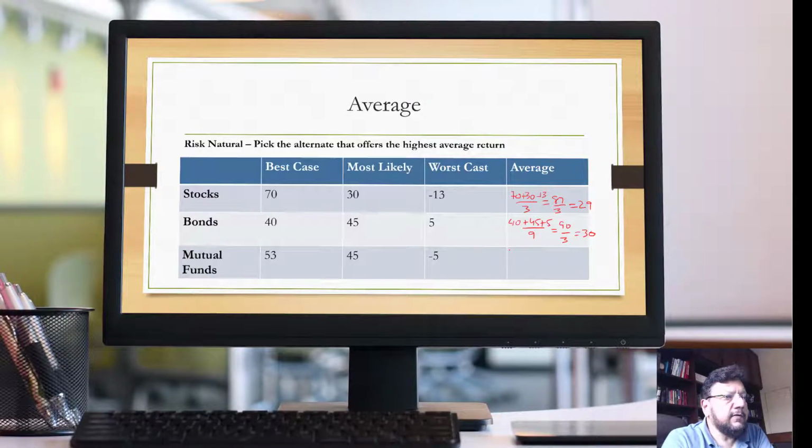And in the last case, it's 53 plus 45 minus 5 over 3, so that gives us 93 over 3, which is 31. So in this case, the best average that we can see is for mutual funds, which is 31. So we would select this choice.